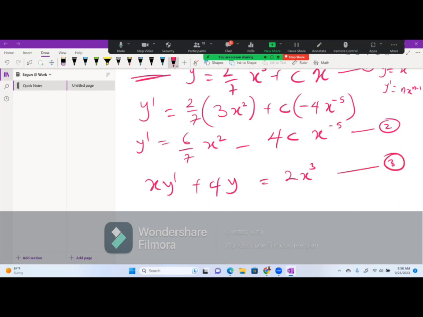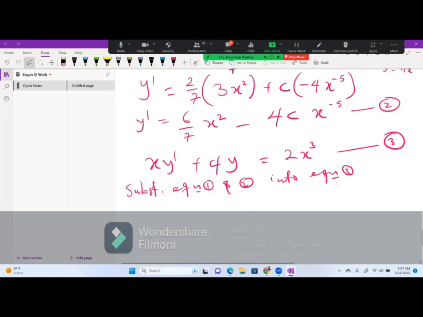Now, let's substitute equation 1 and equation 2 into equation 3. Let's see.